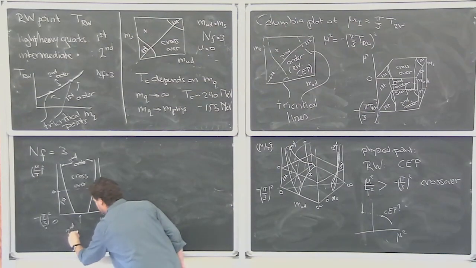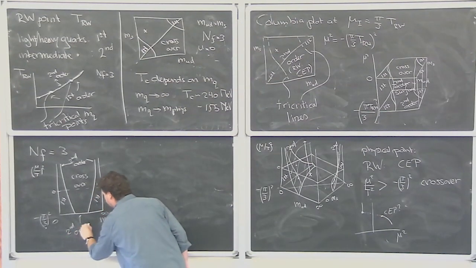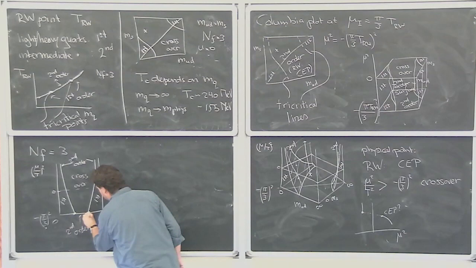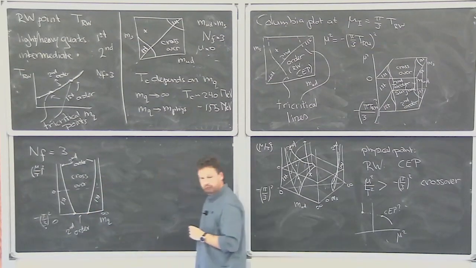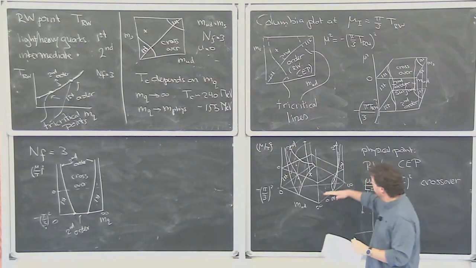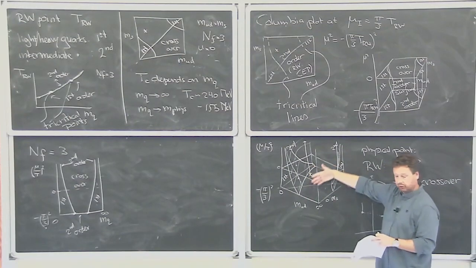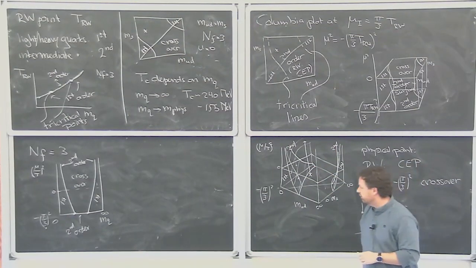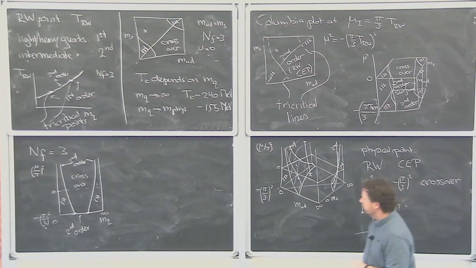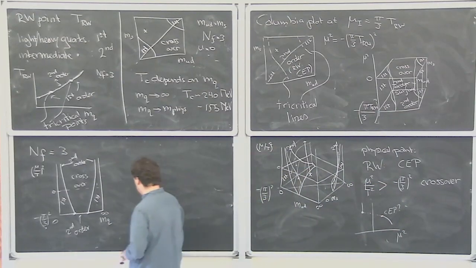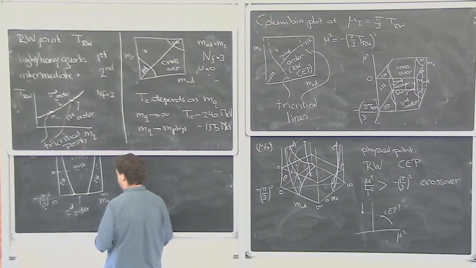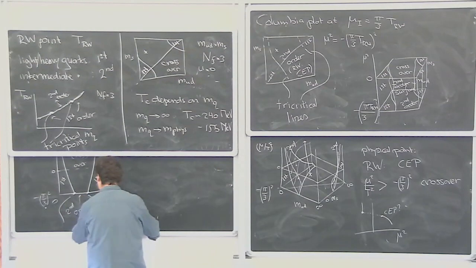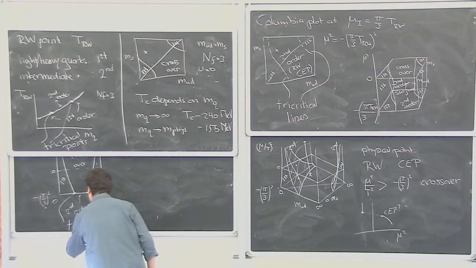This is the Roberge-Weiss point, which is second order, and here are these critical points. So this is just a slice of this graph for three flavors. So this second order and tricritical.